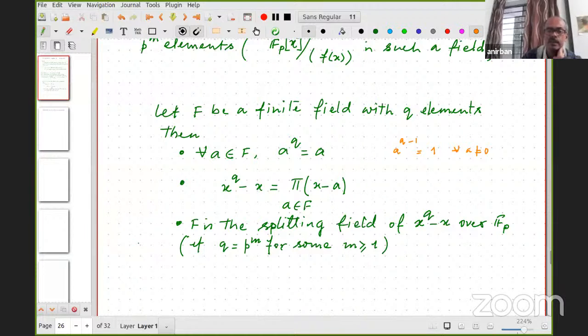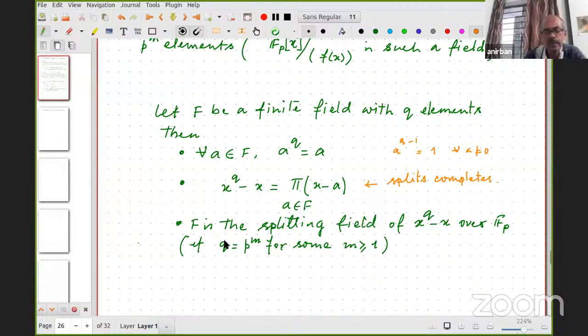In this situation, we say that a polynomial splits completely when it can be written as a product of linear factors. In other words, all factors are linear, so it cannot split any more.